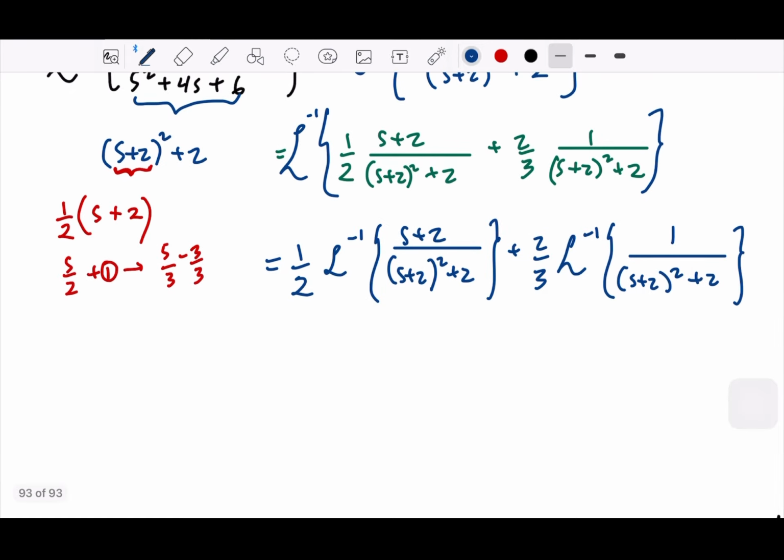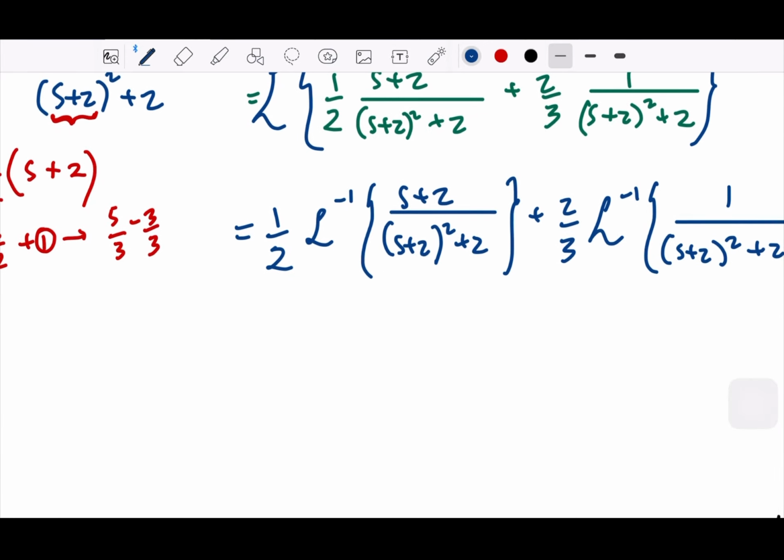Okay. And now we could take this and write it out, really taking time to make sure that we understand. Imagine this is s, this is supposed to be the cosine, right? So we could say this will be Laplace inverse of s over s squared plus 2, and then we shift it from s to s plus 2.